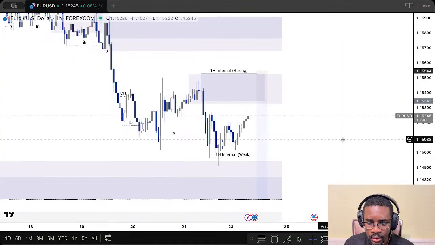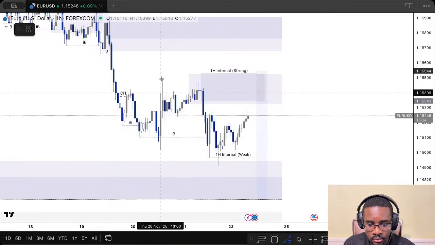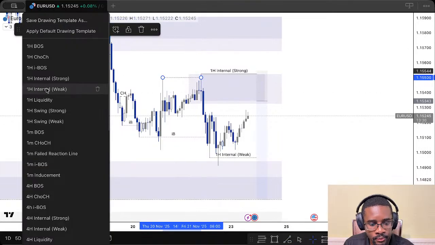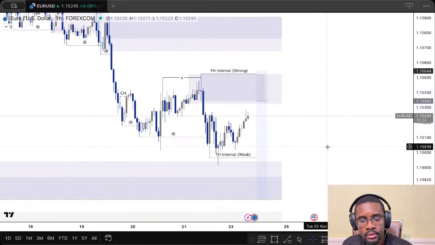I think right now the bias is kind of straightforward. That's what we're expecting. Now, does it mean that that's what is going to happen? Most likely, yes. However, this is a game of probabilities, so it might not happen as well.